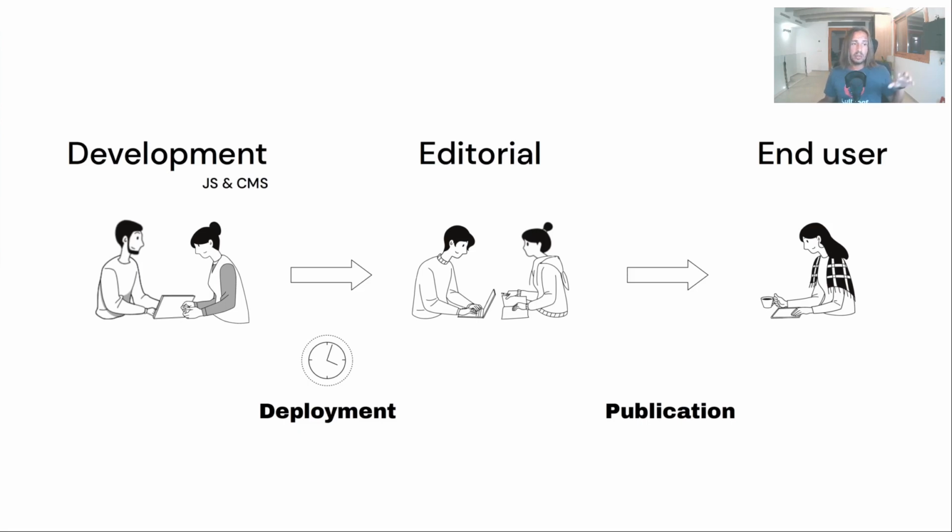And so you have all that development side for JavaScript and for the CMS. Once everything is deployed in conjunction, because those are coupled together, you can have the editorial phase, which will go ultimately to the end user.